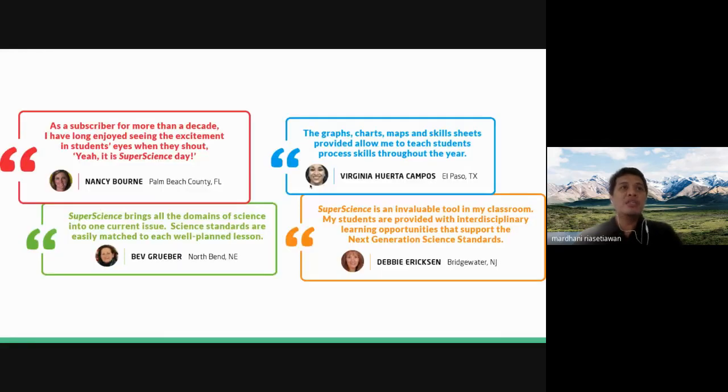This is something I captured from a conference. This is a very new word of science, I think. This confirms why I say that science will always change and develop exponentially. For this one, for example, they say super science. And then they say the graph, chart, map, skill set.